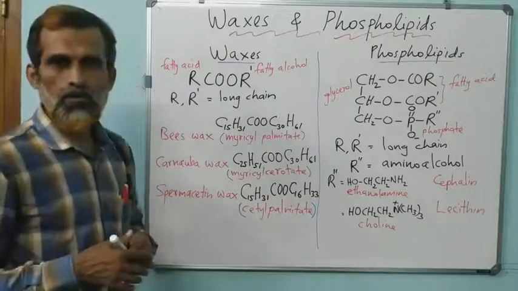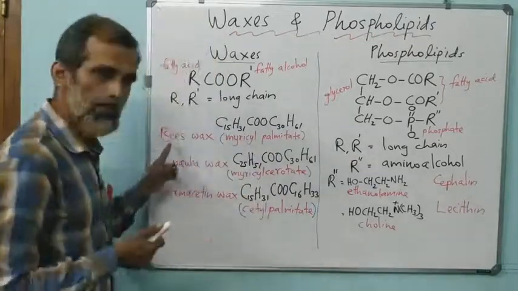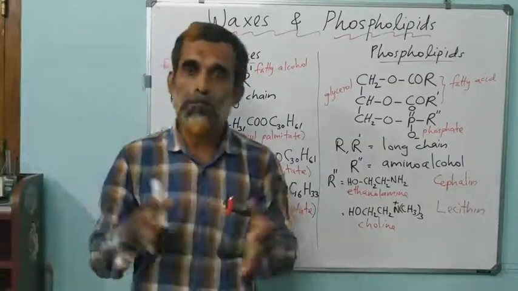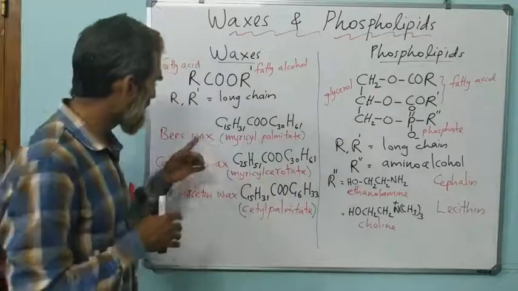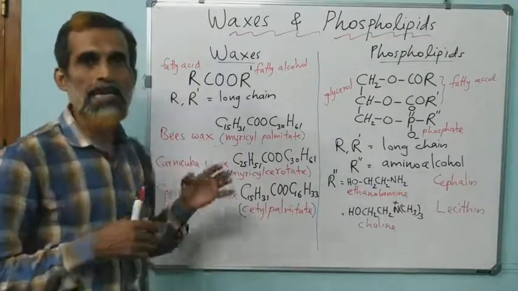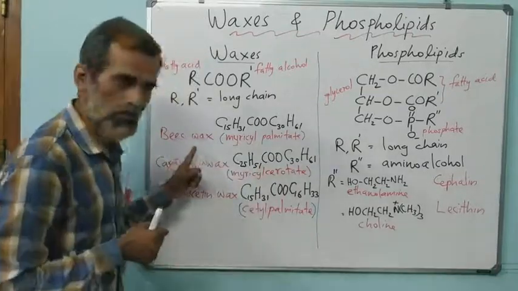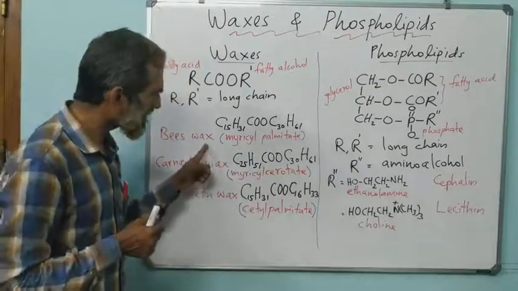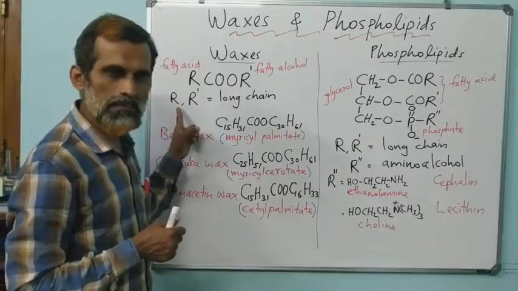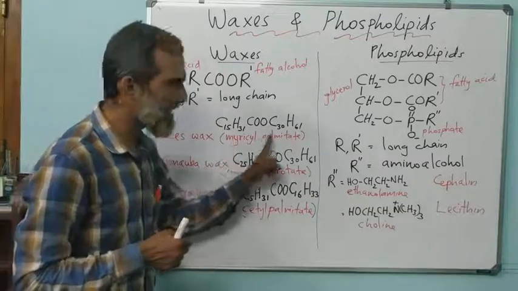Now, we discussed three specific examples of waxes. Number one, beeswax, which is produced by bees, and that they use for making their honeycombs. So beeswax can be obtained from honeycombs. And what is beeswax? Depending upon these R groups, you can see it is myricyl palmitate.